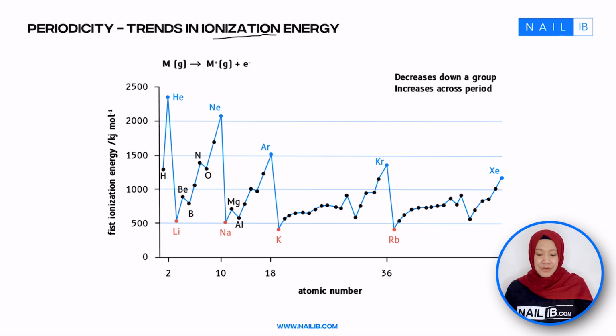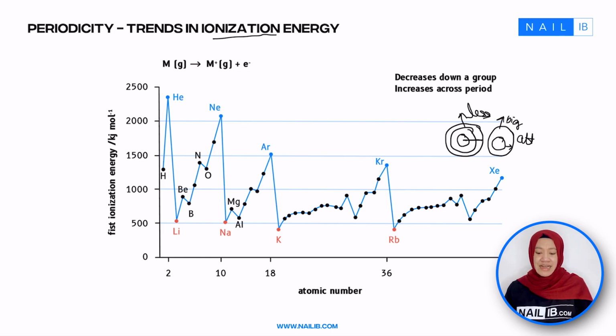So for example, the one that has 3 shells, the atomic radius is bigger compared to 2 shells. So the attraction here is less compared to this one. Okay, so this is the attraction.